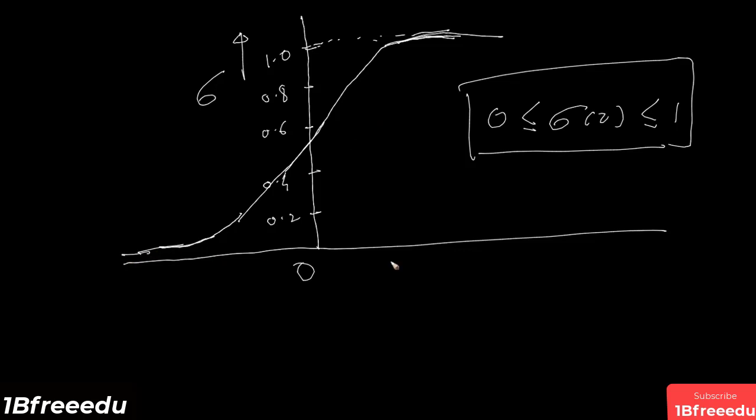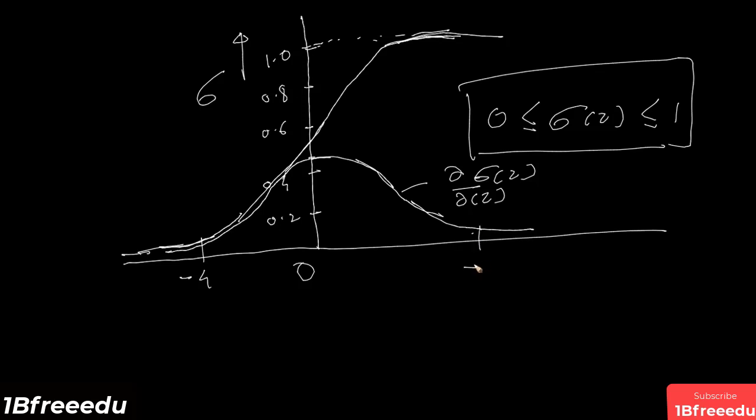Now if I plot the derivative of sigma, it will look like this. This is an approximate curve for the derivative of sigma. Now if I say this is minus 4 and this is plus 4, for example, the shape of this is a bell-shaped curve, right?